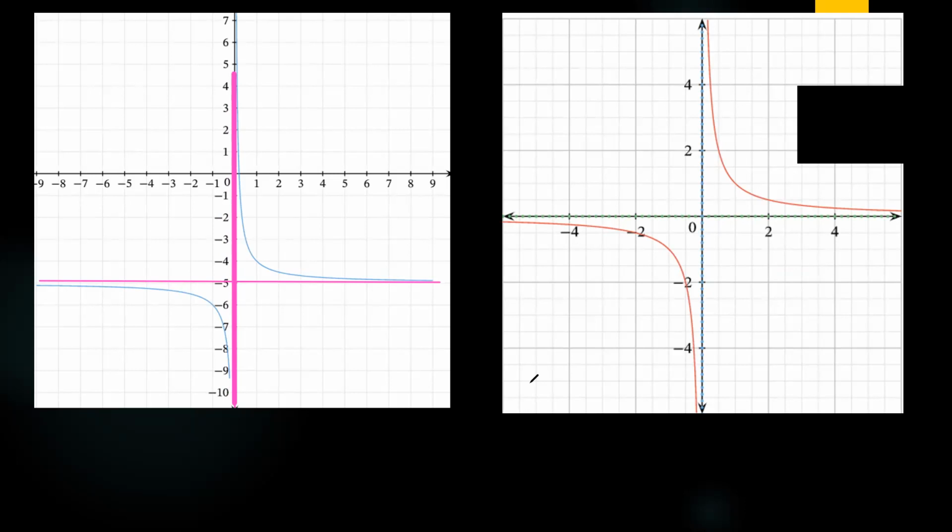So I want you now to look at number 2 here. Where are the asymptotes? The y-axis and the x-axis. Bravo, the y-axis and the x-axis. So here we have the asymptotes. Didn't touch it.